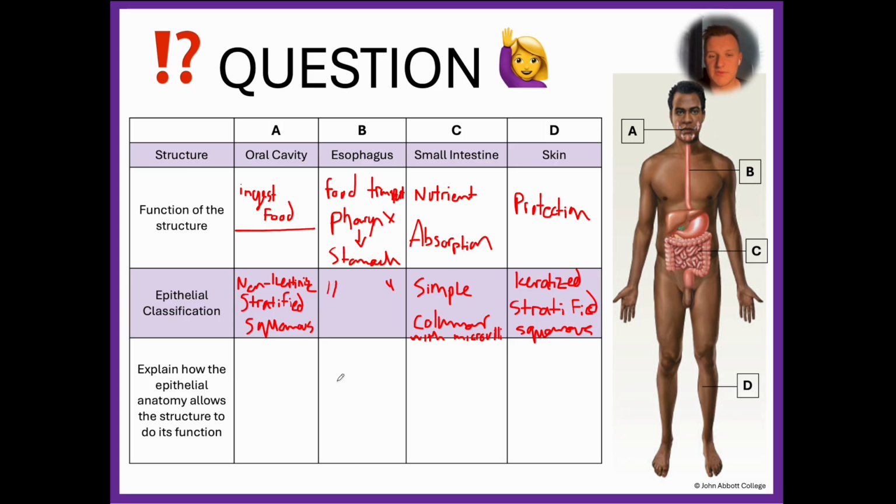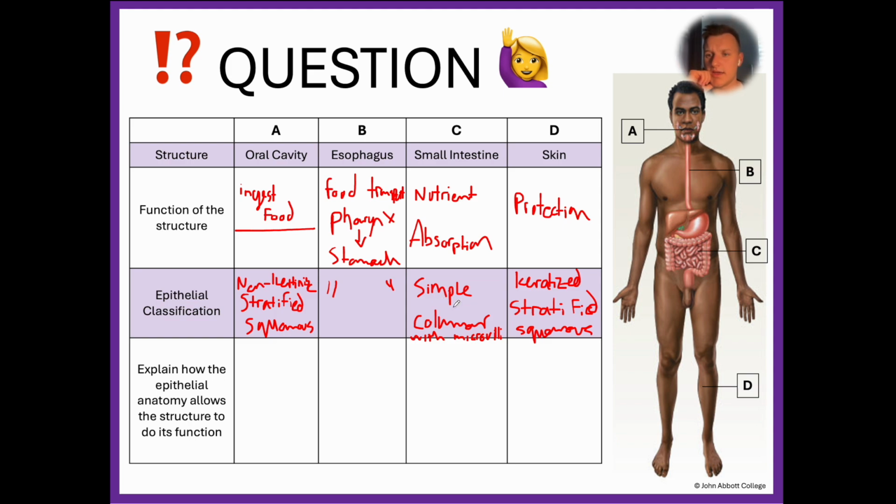So in the esophagus, we still need this non-keratinized stratified squamous epithelium because we are still exposed to the outside world. When we get to the intestine, after the stomach, now that everything's been decontaminated, we can absorb things, right? That's where nutrient absorption happens. So there's a simple layer, one layer.